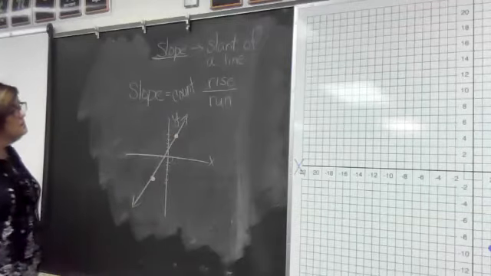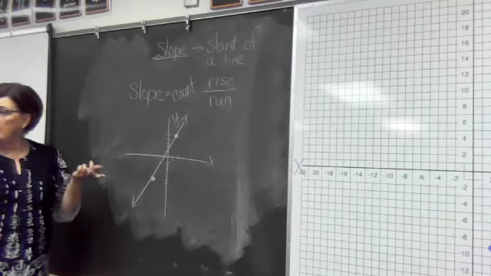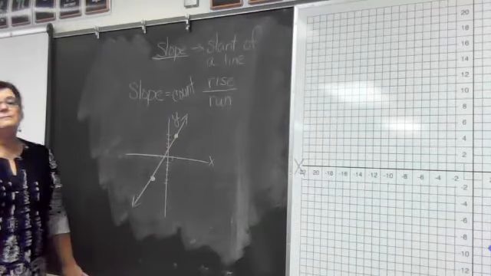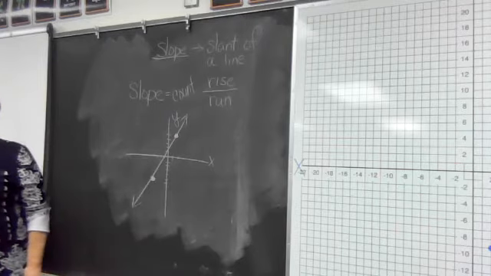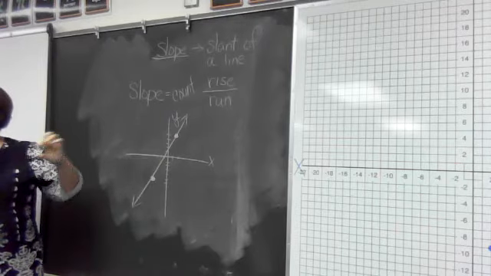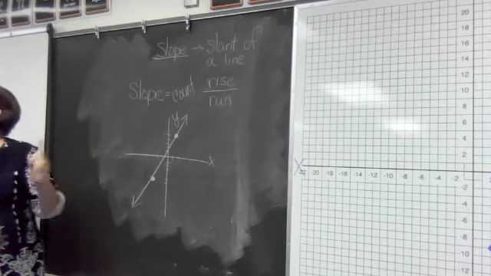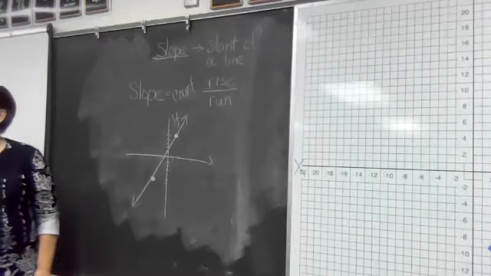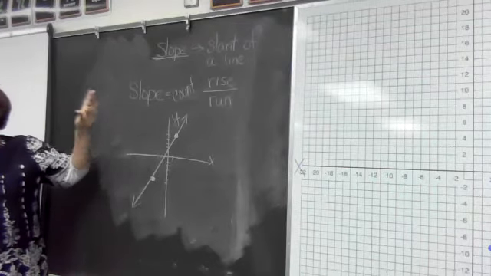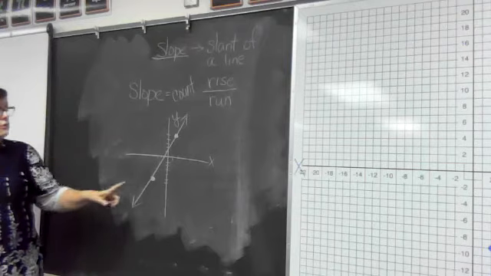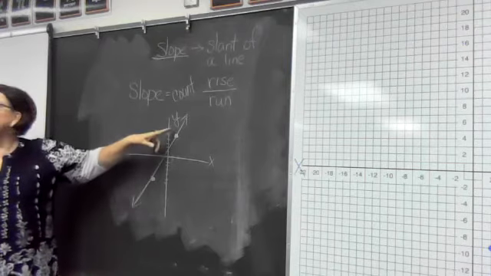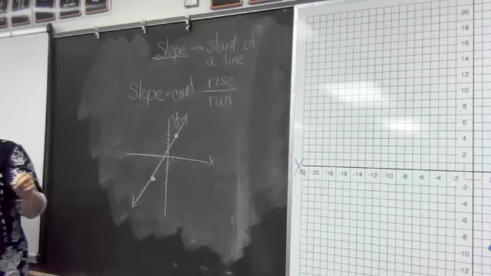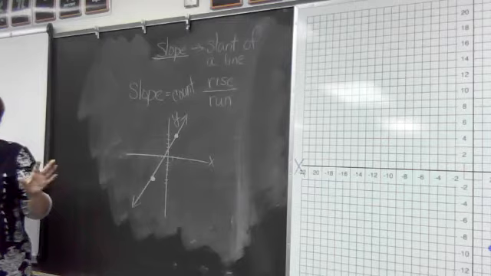If you have at least 2 points on a line, you can find the slope. Now, I want to point out that when we were plotting points, just finding the address, we always started at the origin. Remember? The 0, 0. When we're finding slope and counting slope, we need to start from one point and end up at another point. Y'all see? So slope and plotting a point are 2 different things. Everybody okay with this?